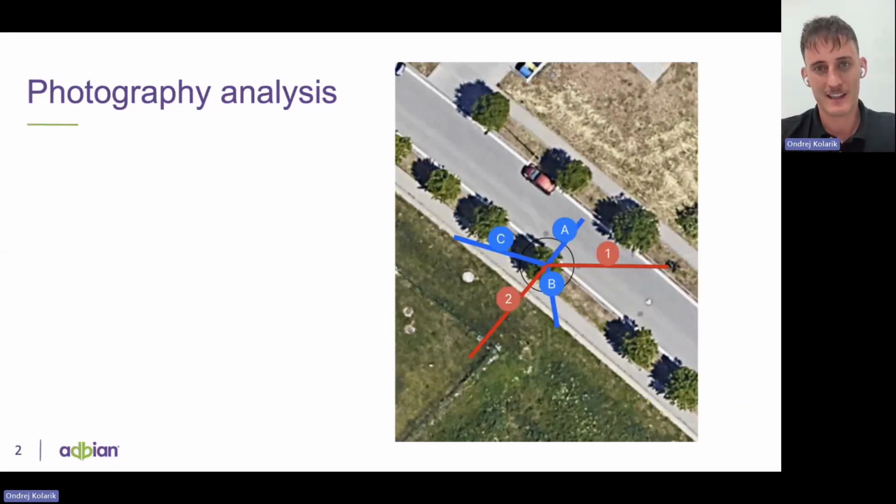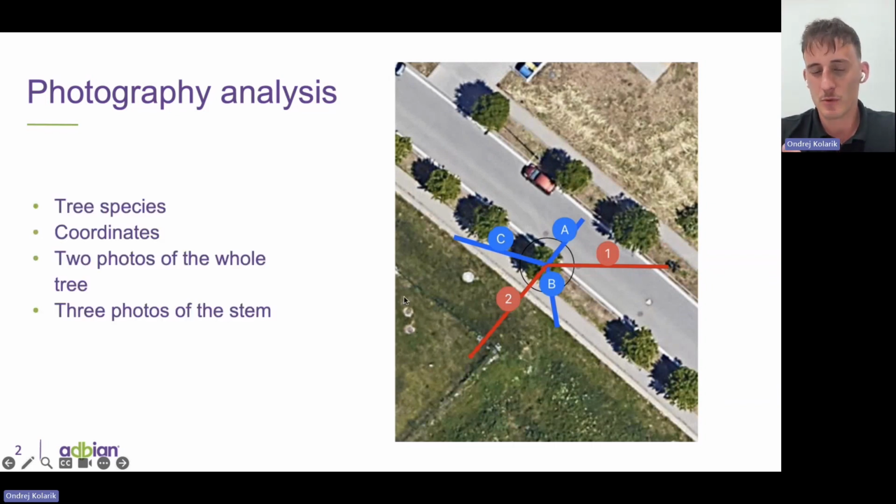We get it more precise for two reasons. The first of them is photography analysis. With each measurement, we collect 5 photos of the tree. The inputs from the user, from the arborist who wants to calculate stability of the tree, are actually 3 species, 3 coordinates, from which we get the wood material properties and wind zones and coefficients and stuff like that.